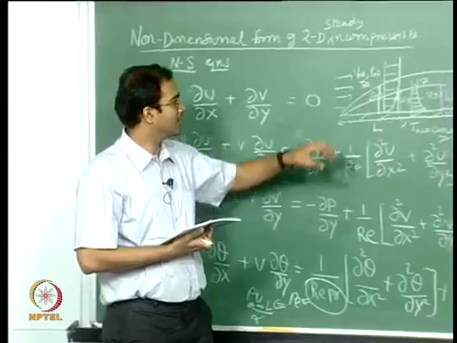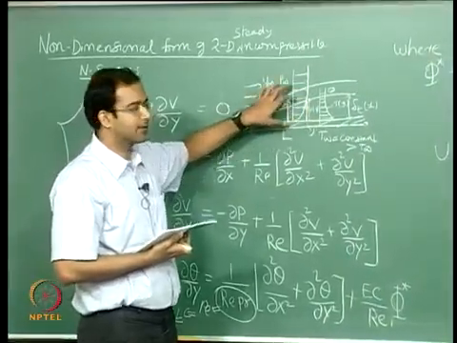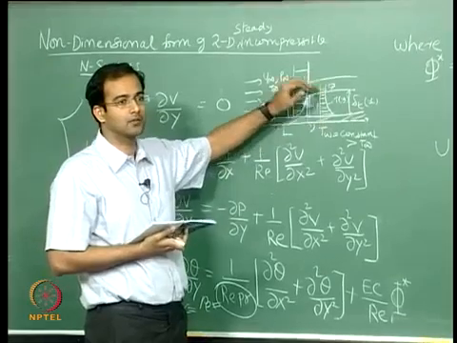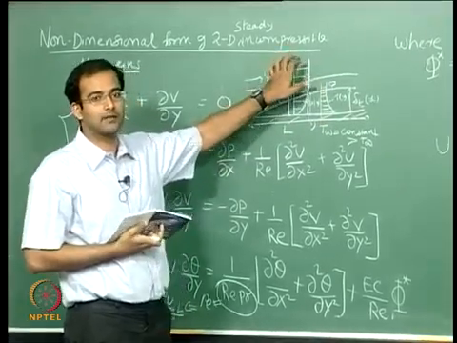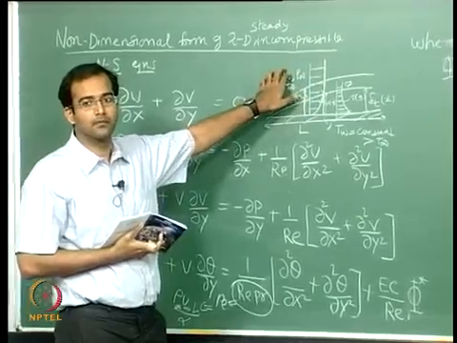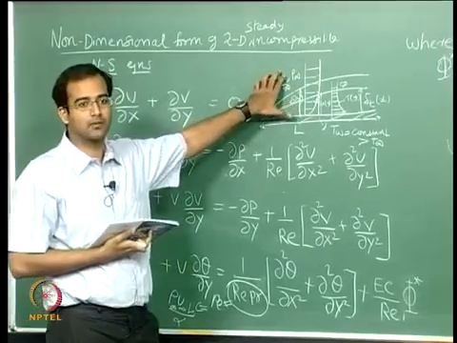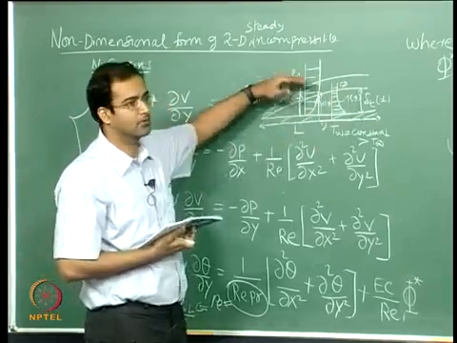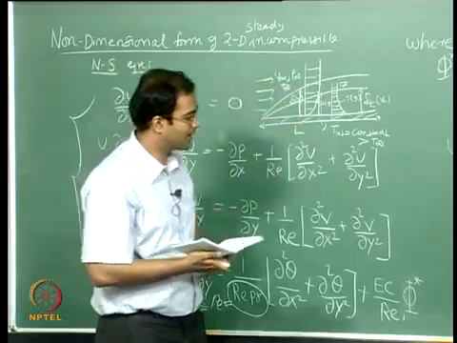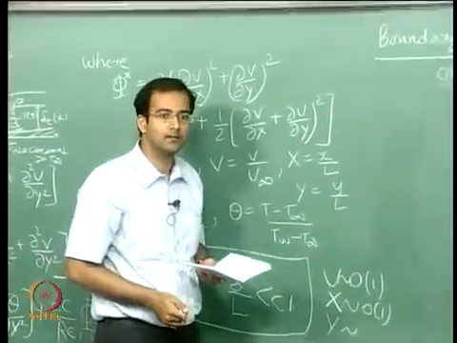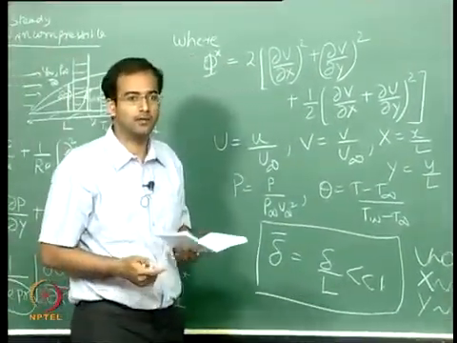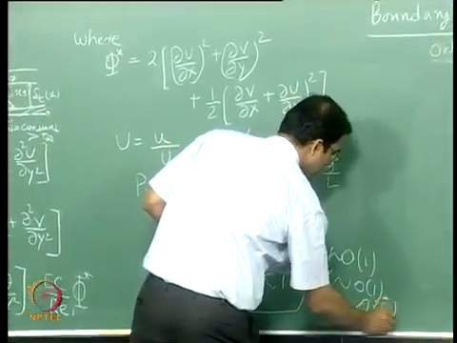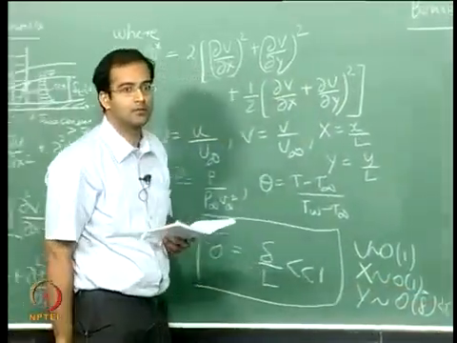The assumption here is that the boundary layer is the region of interest because the viscous effects are very important here. Outside the boundary layer you can treat the flow as an inviscid potential flow, so you do not have to solve the full Navier-Stokes equation. Therefore I will confine my domain to the extent of the boundary layer. So my Y extent should be of the order of delta bar, which is of course much less than 1.